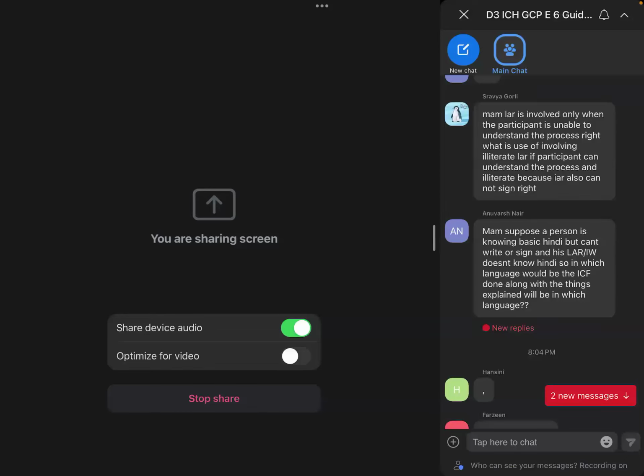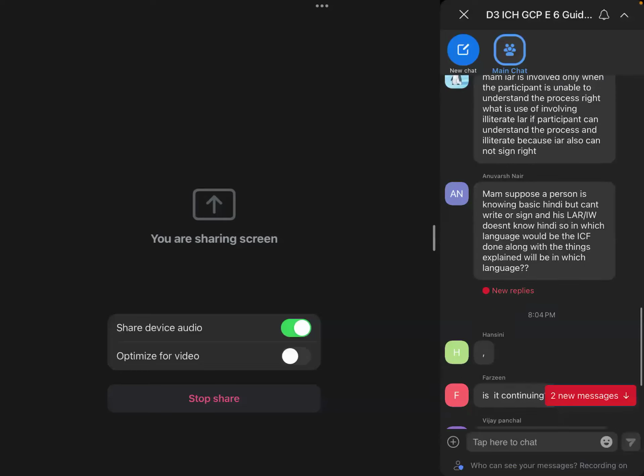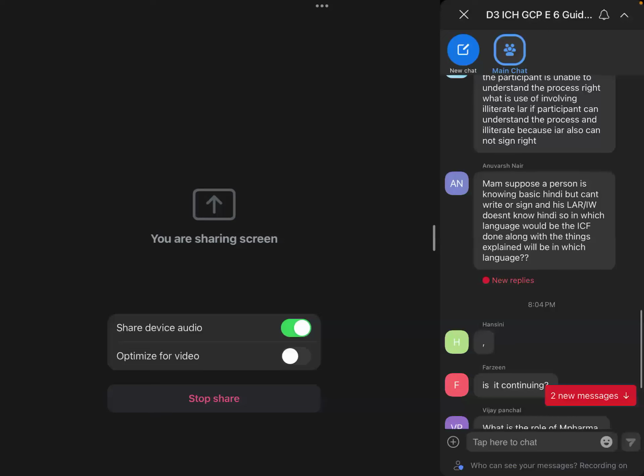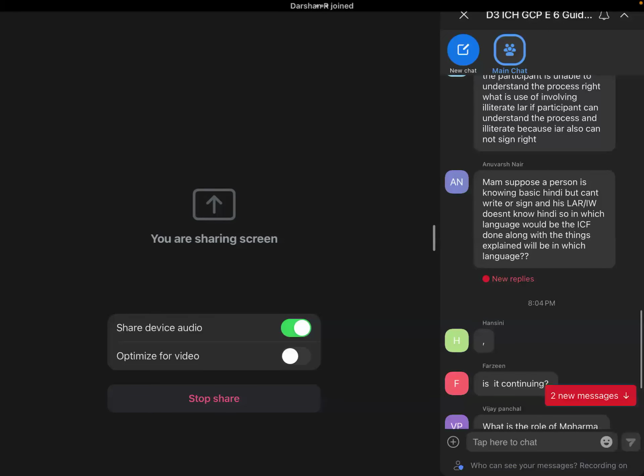Ma'am, suppose a person knows basic Hindi but can't write or sign, and his LAR doesn't know Hindi, so in which language? No, Hindi or English is not the issue. Originally, you develop any document, say protocol or ICF, in English. Then you have to translate that ICF into the local language.